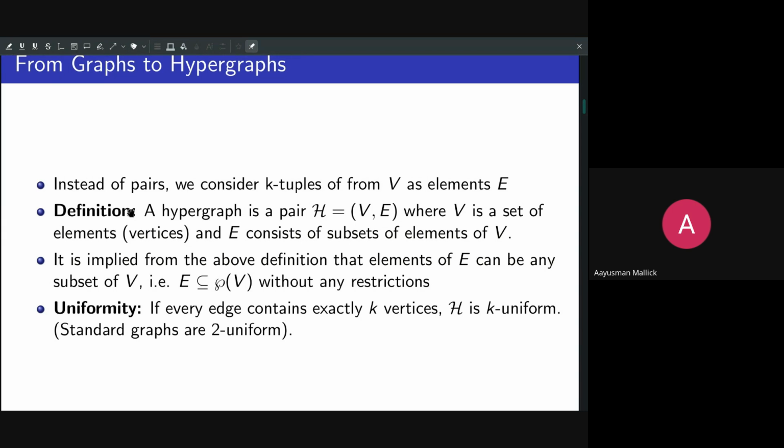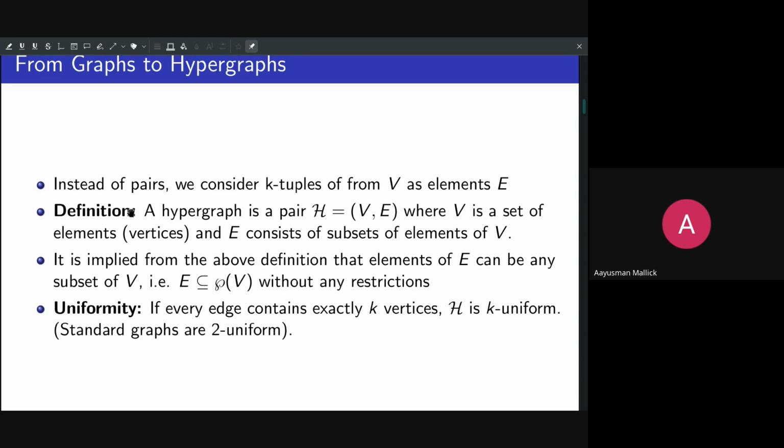Now, from this definition, we can also say that elements of E can be any subset of V, because when we are considering hypergraphs, we are not considering specific pairwise edges as such. We can consider single vertices, which is trivially true, and also three vertices forming an edge, four vertices, and so on.